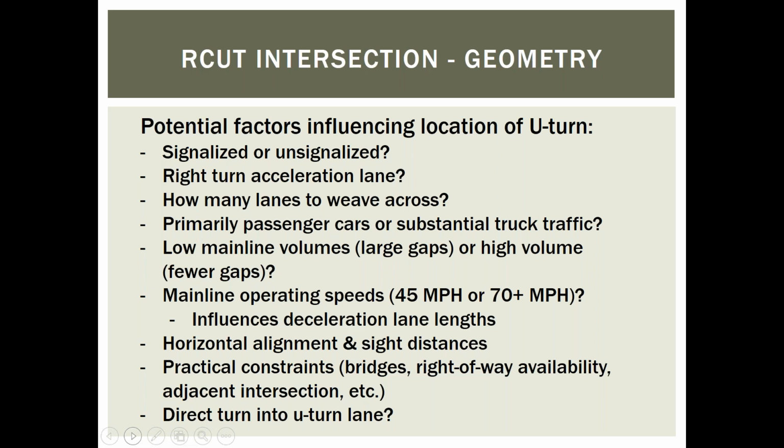And another is, are we making a direct turn into the U-turn lane, or am I making a turn into the rightmost lane? Here's another issue that some states have encountered.